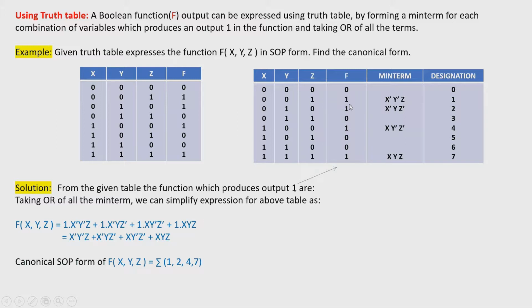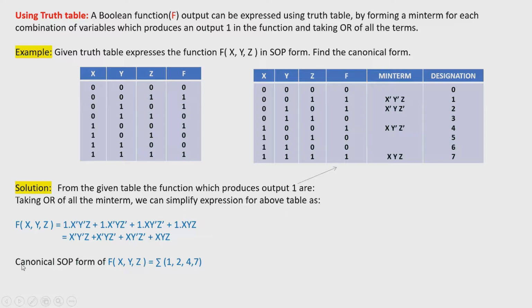Right, so where only the value of the function is 1, we take the minterm of that. So here you see that we AND the function value with the minterm, which is pretty much the same here, so we get the same value. Right, so this is the simplified Boolean expression or the canonical expression.